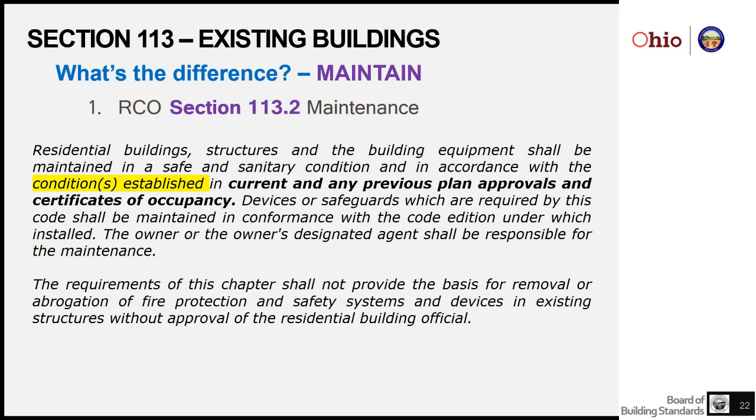Well, it goes on to say that those conditions were established in the current or any previous plan approvals and the certificate of occupancy. One of the things you'll see is that if you looked at certificate of occupancy sections, it also refers to maintenance in there, that to maintain a valid certificate of occupancy, the owner must maintain their buildings.